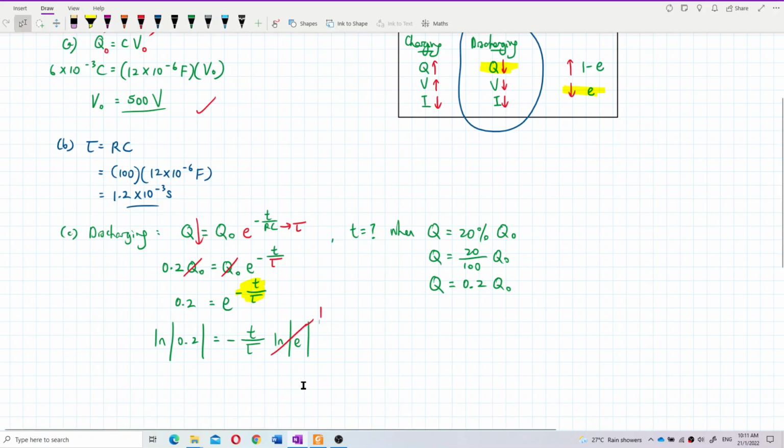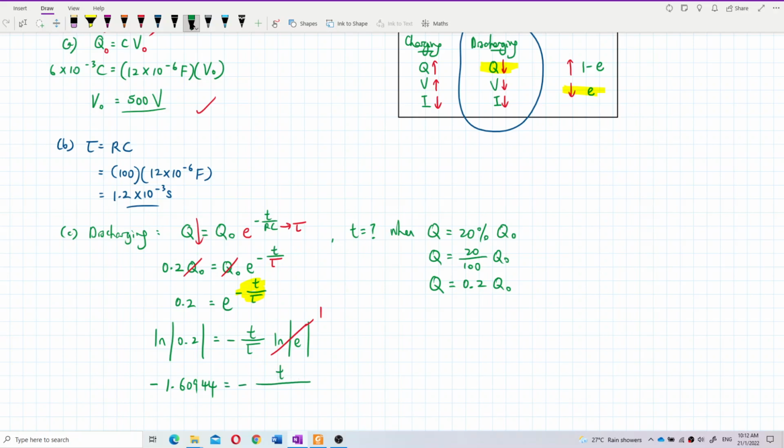Now I can substitute the value for tau. Ln 0.2 should be equal to negative 1.60944, equal to negative T over tau.